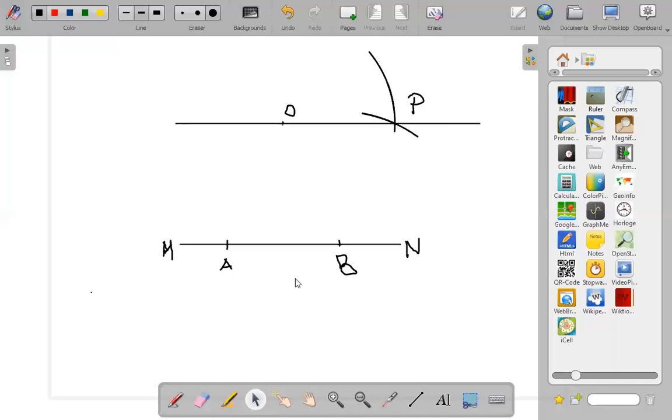So we have a line parallel to AB. I believe that was very easy to do and interesting. So endeavor to pause this video right now and do yours, because I'm going to ask you of it later. All right, let's continue the lesson.